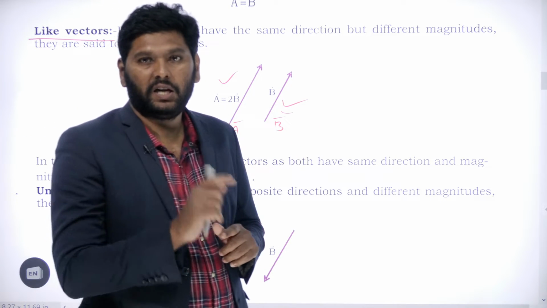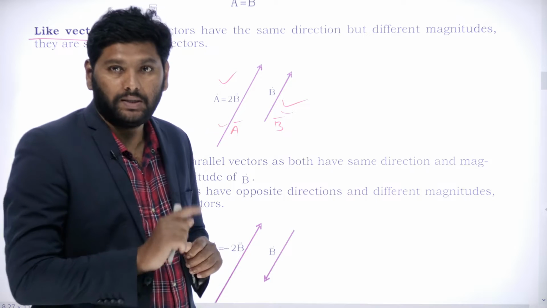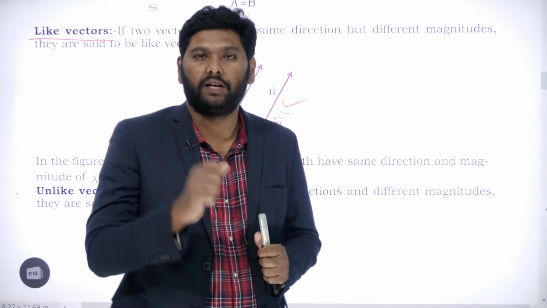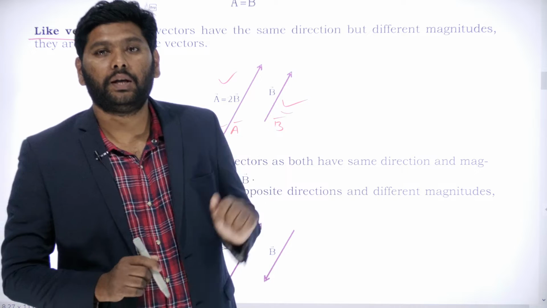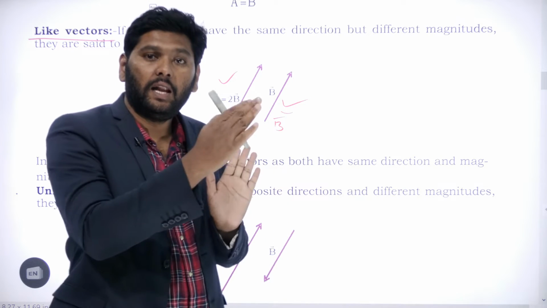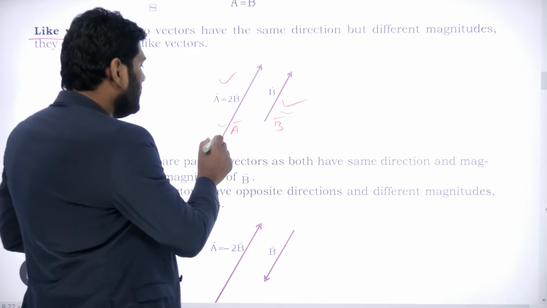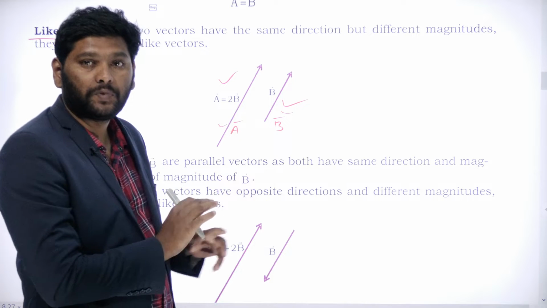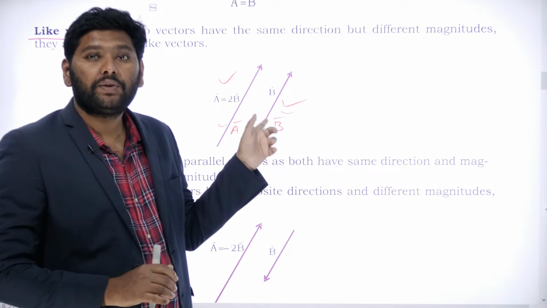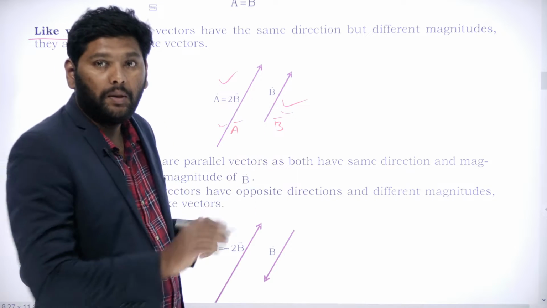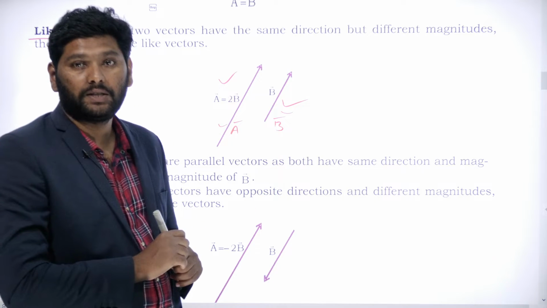With a straight line having an arrow mark. In that, the arrow represents the direction and the length represents the magnitude. In this case, observe the lengths of the two vectors are different. Different length means different magnitude, but acting in the same direction.